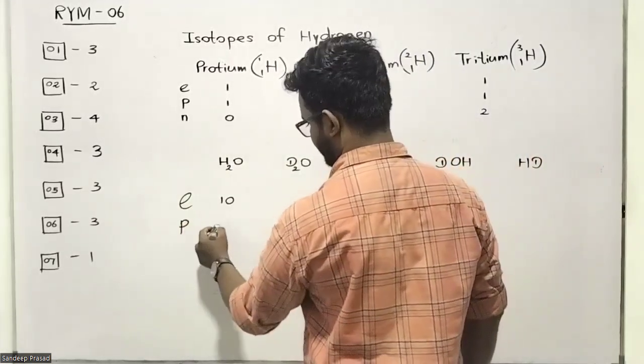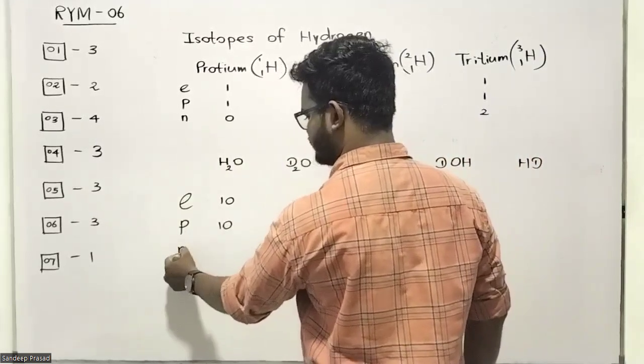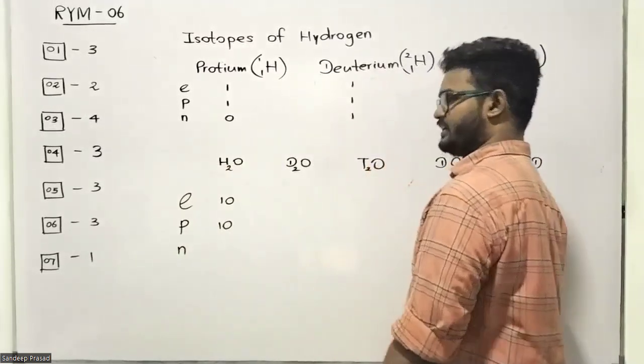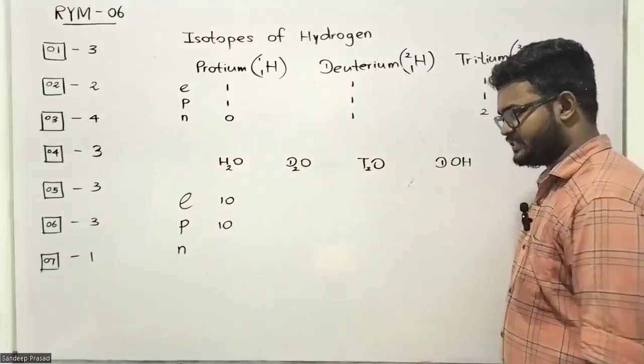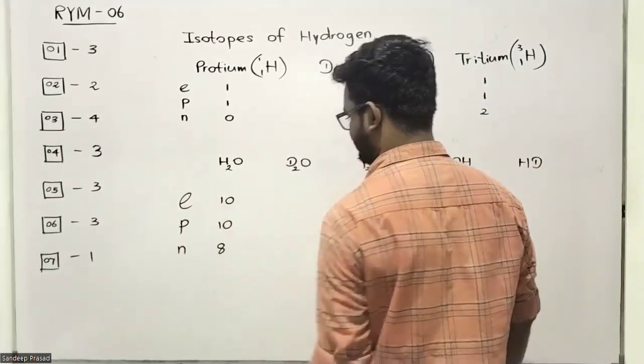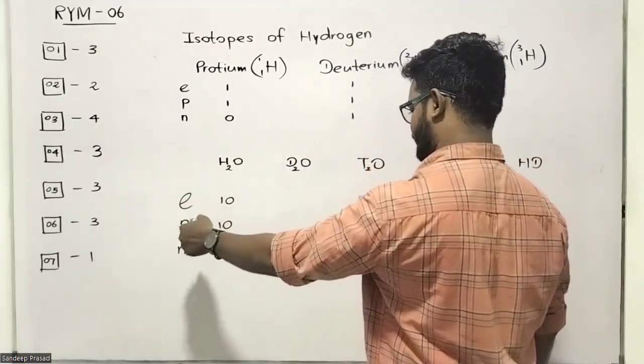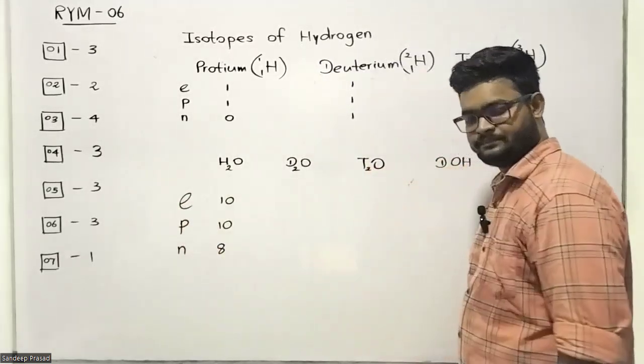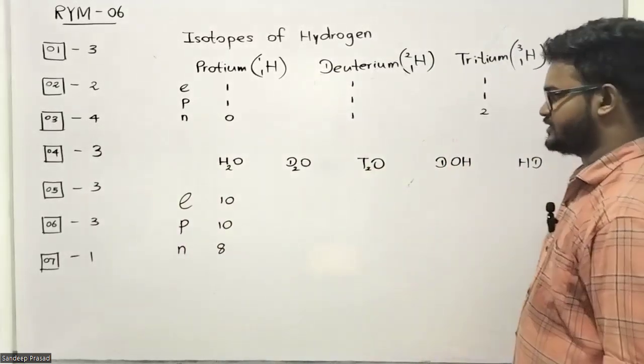So the proton count is also the same. Neutrons: hydrogen doesn't contain neutrons, but oxygen contains 8. We can see that the electron, proton, and neutron counts are not the same, so we cannot consider this one.